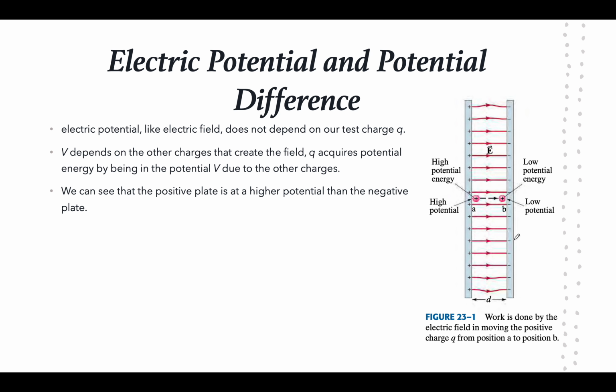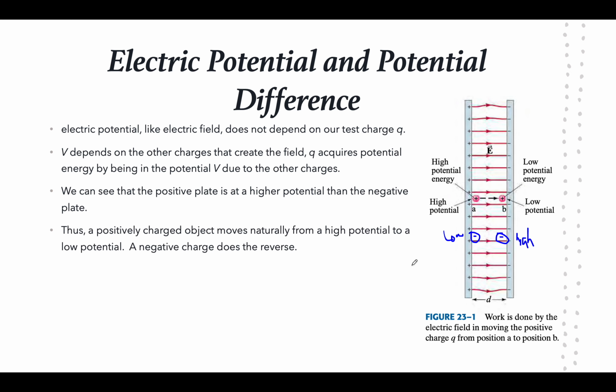The high potential would be over here at point B if the charge were negative. Okay, this would be the high potential, and this would be the low potential. So a positively charged object will naturally move from high potential to low potential, and a negative charge would do the reverse.